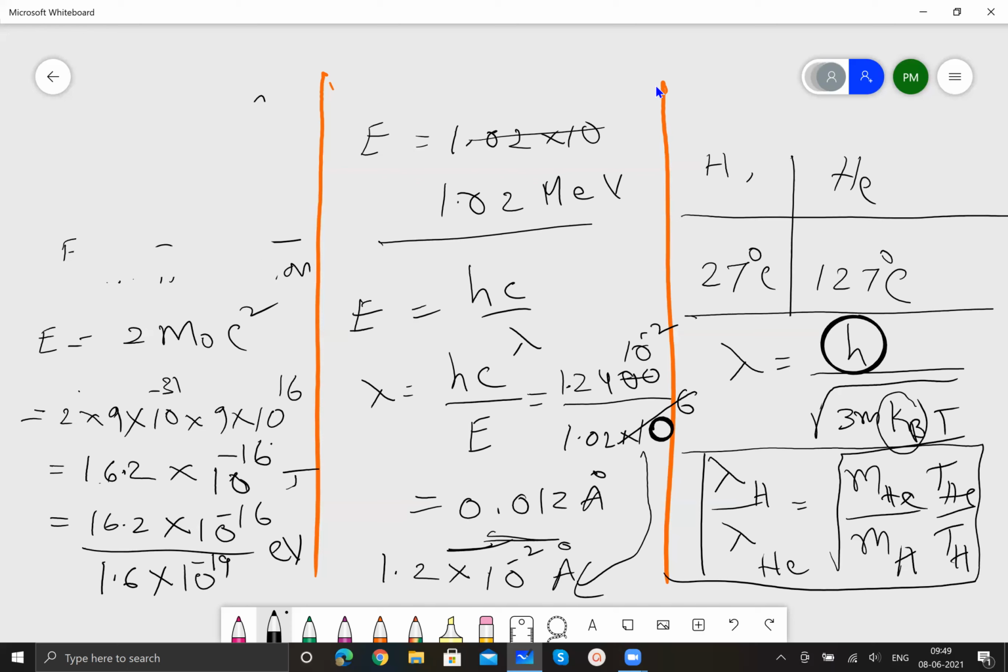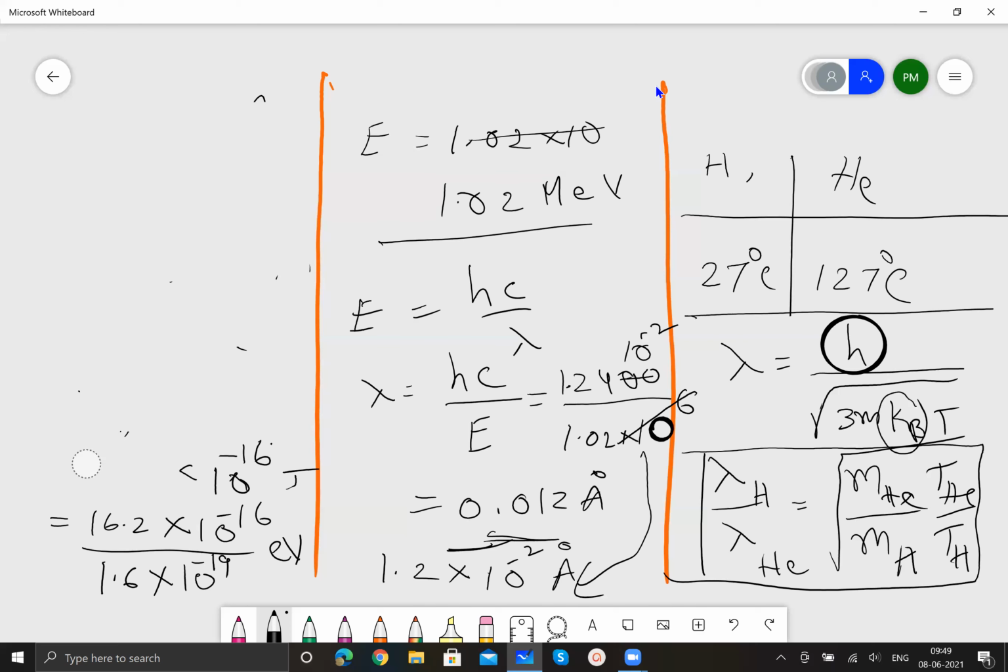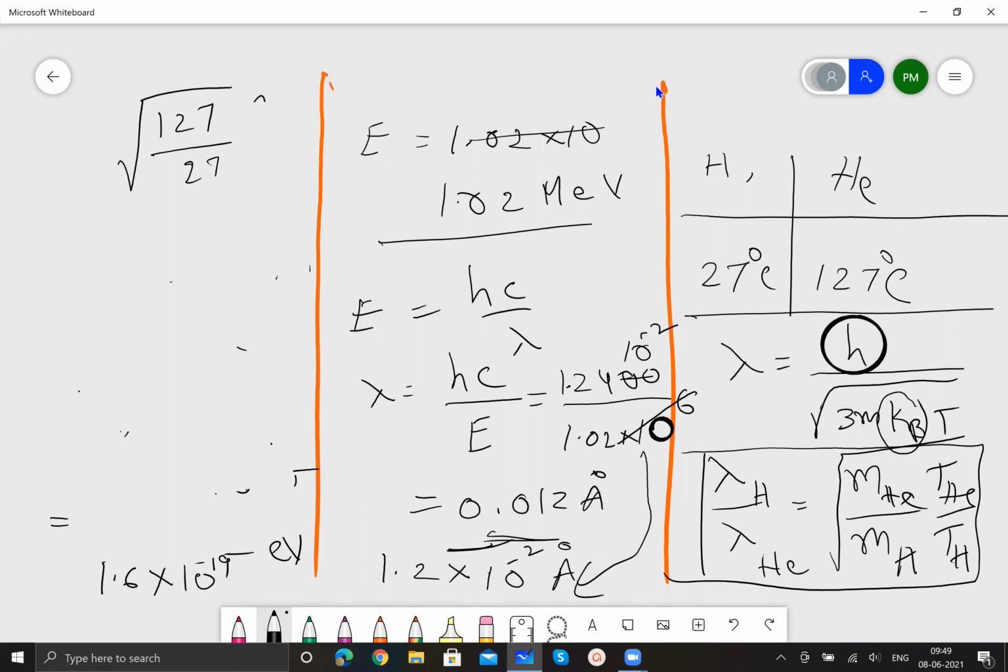Substitute and tell me the answer. Hydrogen. Temperature 127 by root over 127 by 27. What about masses?